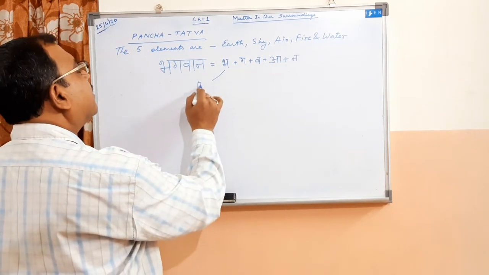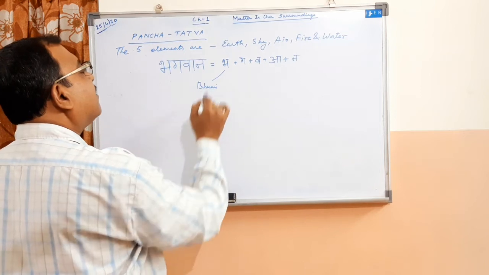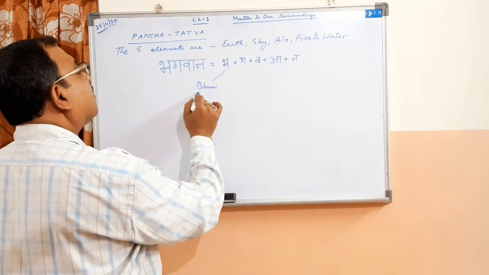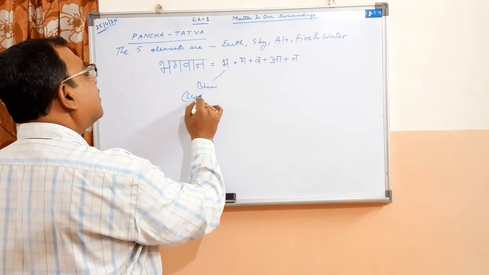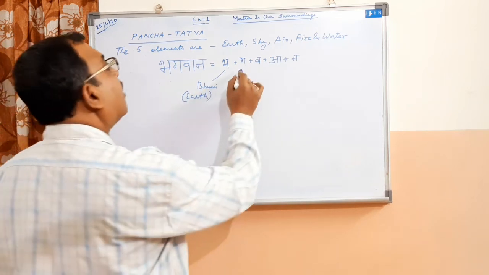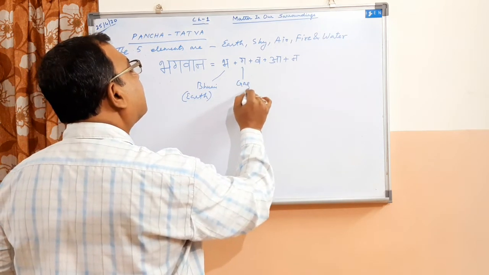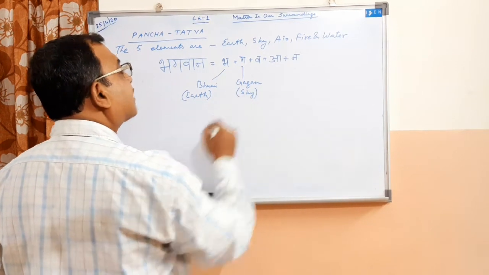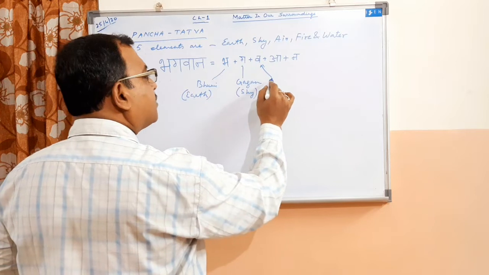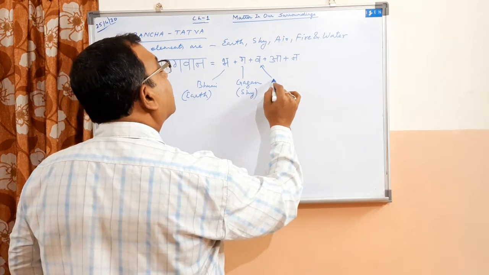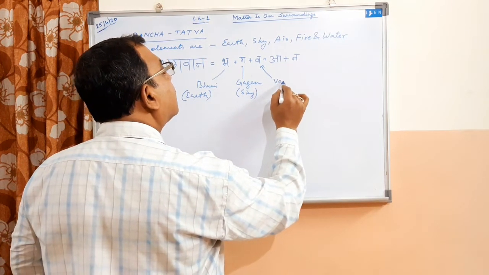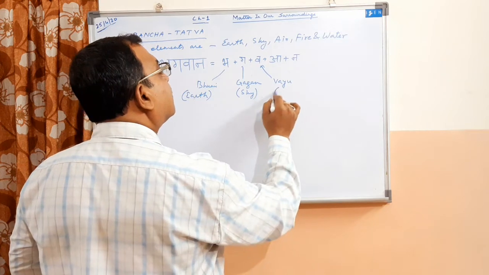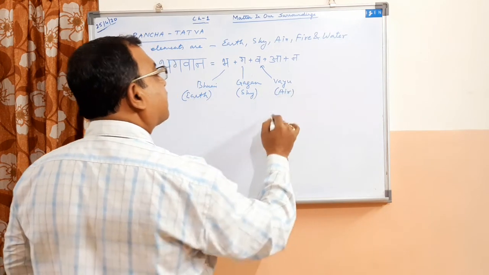Bha means Bhumi, that is earth. Ga means Gagan, that is sky. Va means Vayu, that is air.